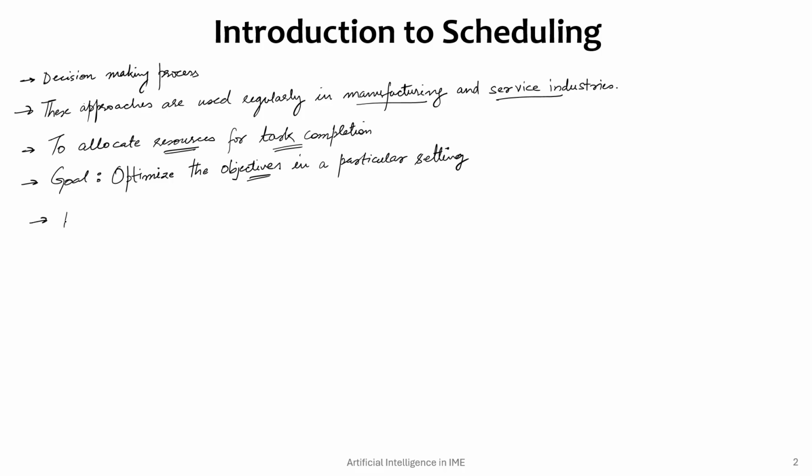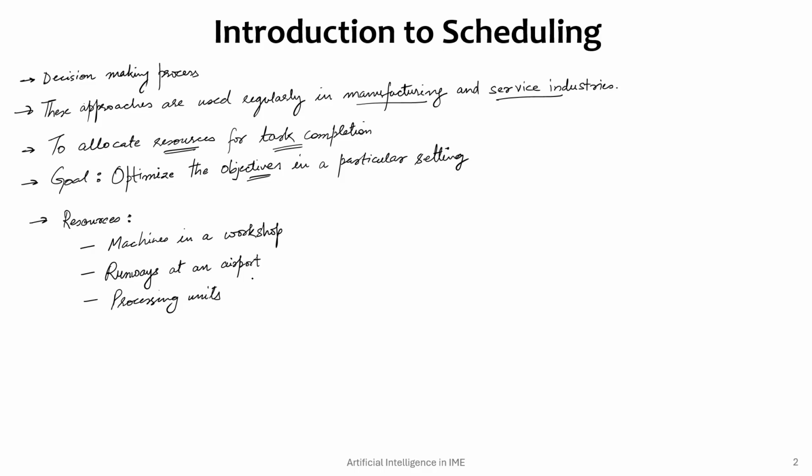Now resources in a manufacturing or service industry could be machines in a workshop, or runways at an airport, or processing units in a computing environment.